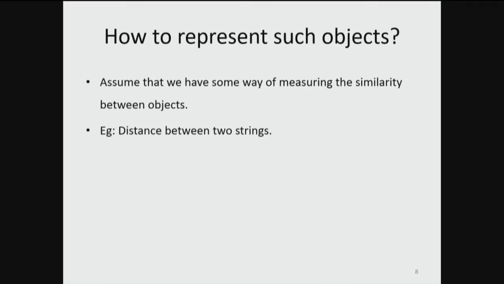And that is the concept we try to develop as far as the kernels is concerned. This type of similarity measure is possible. For example, if we consider the distance between two strings, looking at the corresponding distance, we could have some sort of similarity between the two strings.